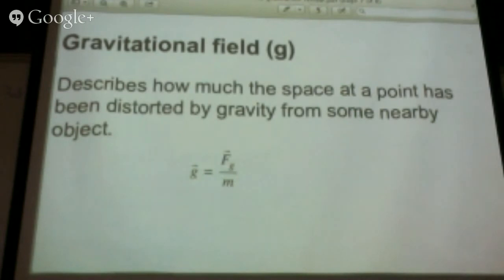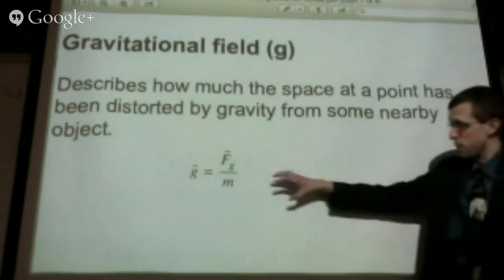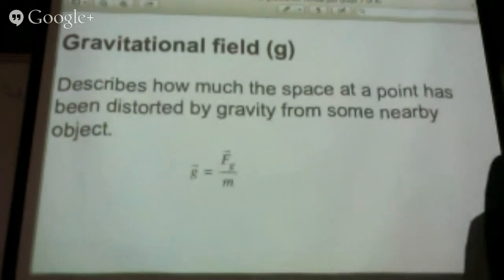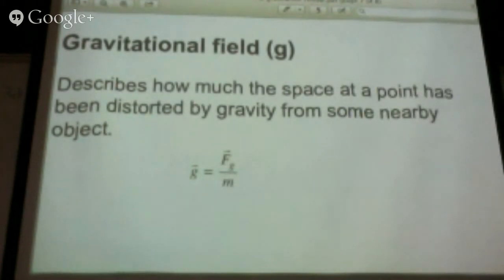Even if we're not close to the surface of the Earth, anywhere in the universe, if we set up some arrangement of masses and we put our test mass there, figure out how much force it has, and then put a different mass in there and figure out how much force that one gets, we get this constant ratio. And it's that ratio that we're talking about for the strength of the gravitational field. It's this space has this much of an effect, this many newtons of force for every kilogram of matter that we put here.